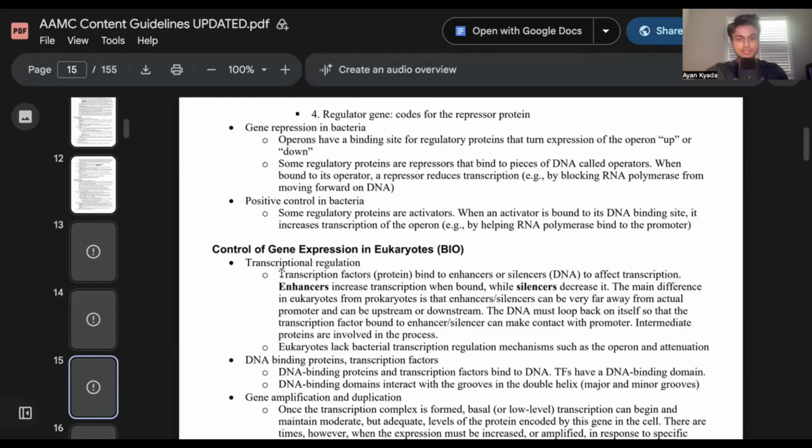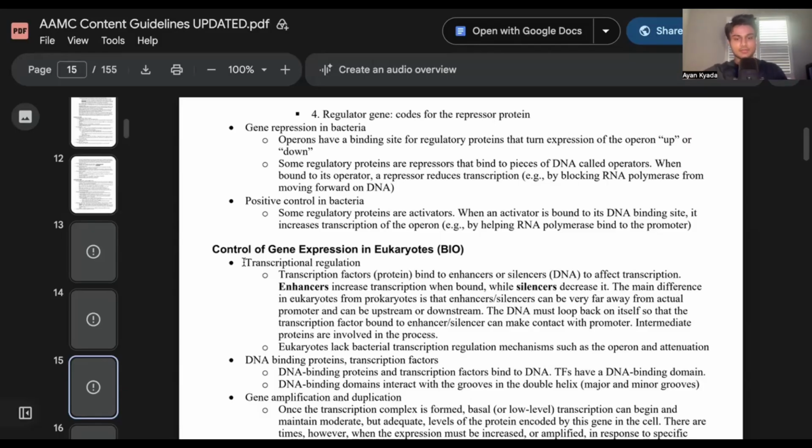So, transcription is essentially a facet of gene expression, but the MCAT likes to use these terms more or less interchangeably. So when they say gene expression is upregulated, transcription is upregulated as well. And when they say transcription is upregulated, gene expression is upregulated as well. Just remember that transcription is the first part of gene expression. So technically, they're not the same thing, but the MCAT uses them interchangeably.